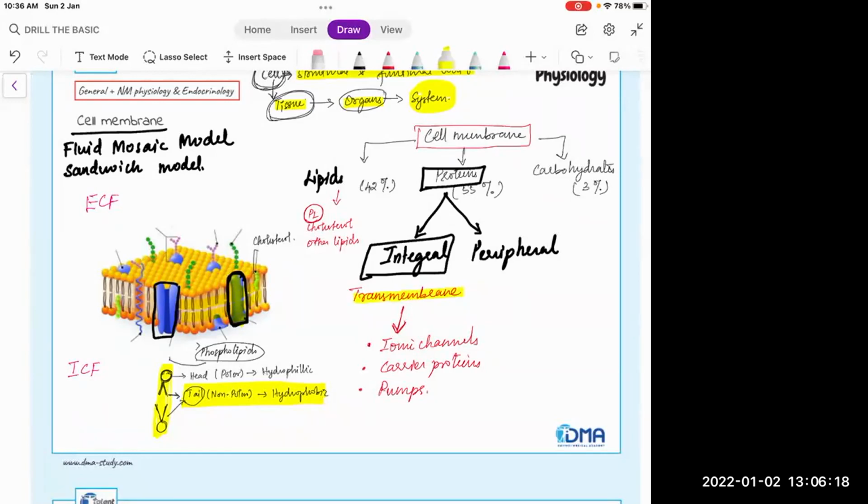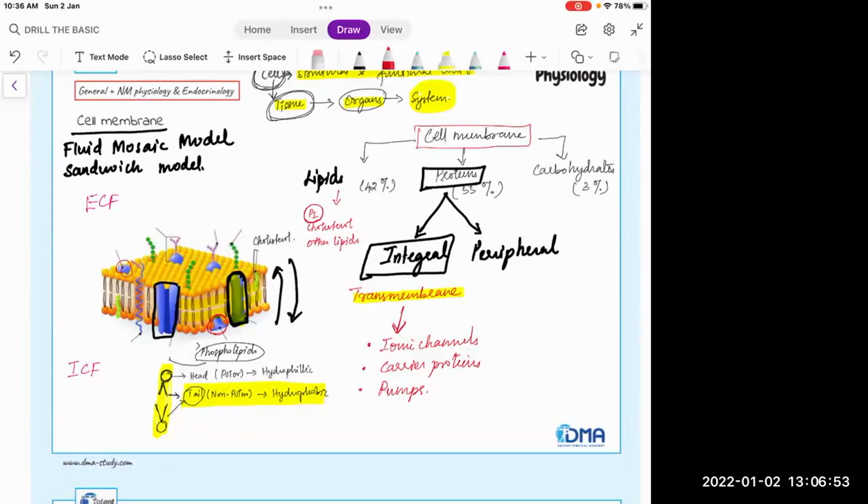Since it has the connection with both ECF and ICF, it makes the molecules move from inside to outside or from outside to inside. It makes the movement of the molecules, solvents and all kinds of transport materials from ECF to ICF or from ICF to ECF. Whereas the peripheral proteins, as the name suggests, are not present through the entire thickness of the cell membrane. They are located peripherally.